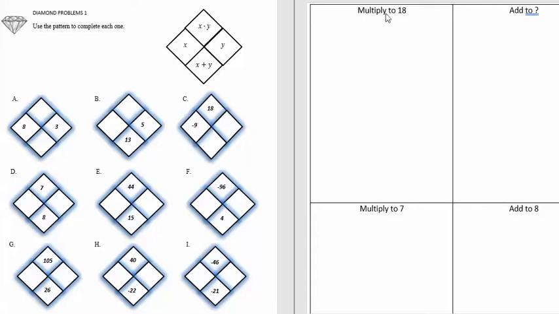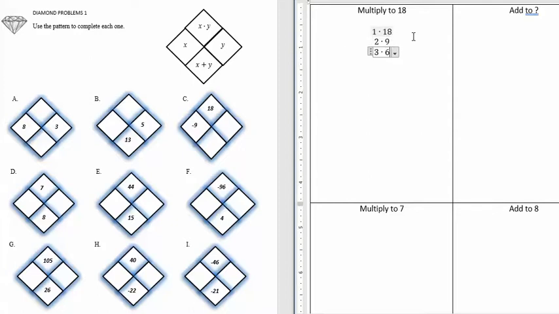So we have two numbers that multiply to be 18. So we're going to make a list of numbers that multiply to be 18. One of those numbers on that list should start off with being 1 and 18. So 1 times 18. Next on that list, I'm going to do 2 times 9 and then 3 times 6.